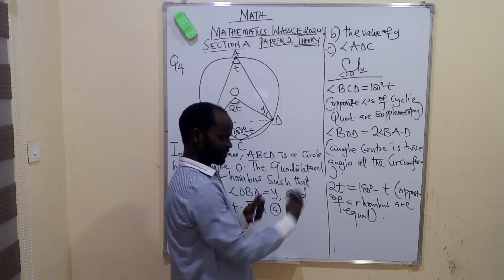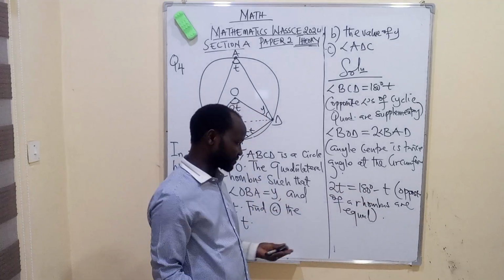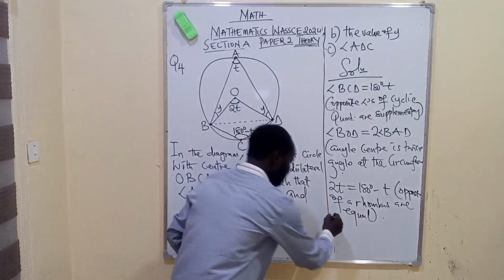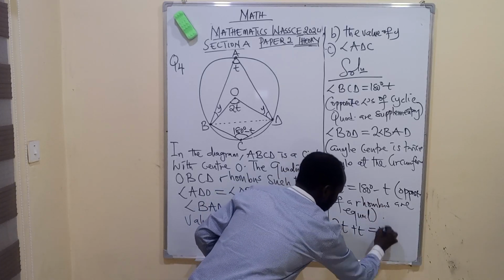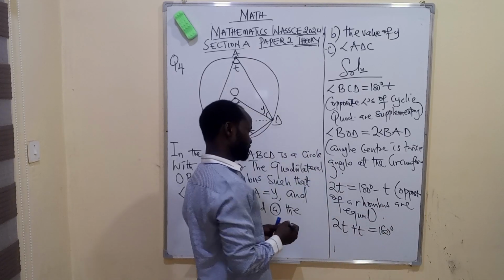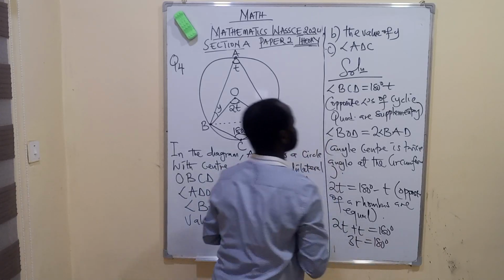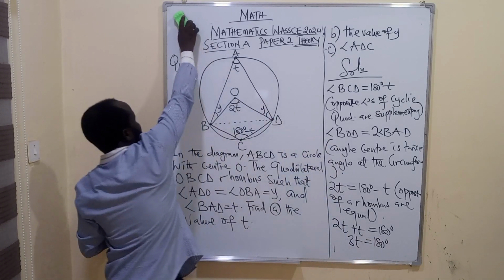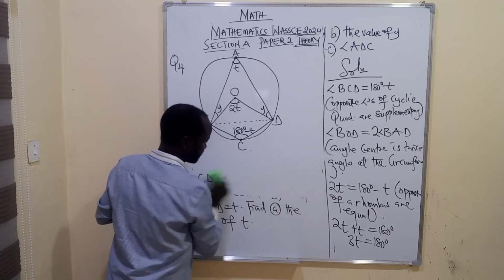Okay, let's collect like terms and find T. If we have 2T equals 180 degrees minus T, we can easily find T. So this will be 2T plus T equals 180 degrees. So we have 3T equals 180 degrees.